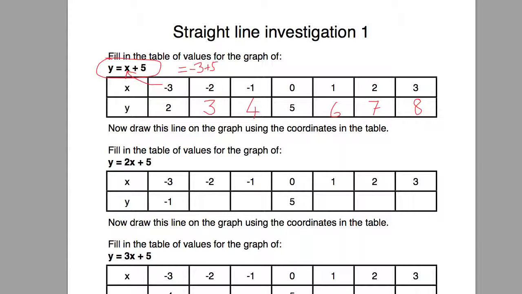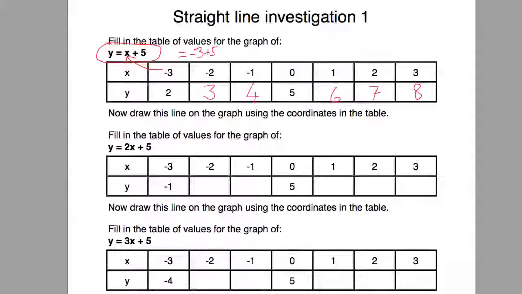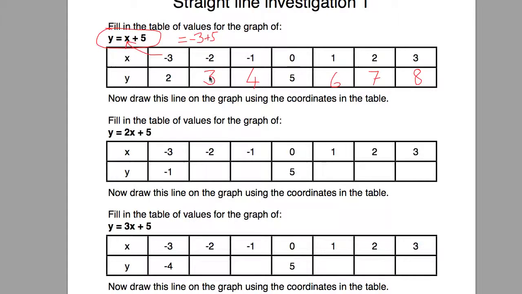So if I was to then go down to this one, 3x plus 5. If we look at minus 2, it's essentially you saying what's 3 times minus 2 and then plus 5. So 3 times 2 is 6, and it's a minus, so it's minus 6 plus 5, that's minus 1.